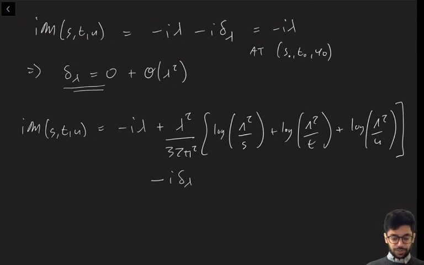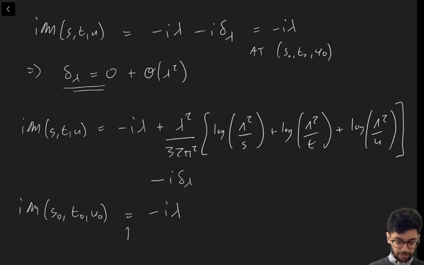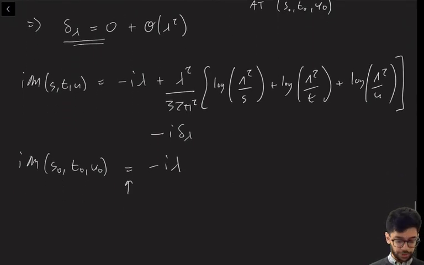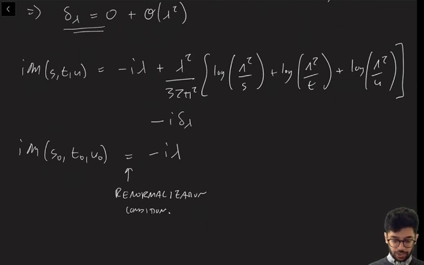So now, if we demand that iM of s naught, t naught, and u naught equal exactly minus i lambda, where again, this demand now is the renormalization condition, then we see that we have something to do. This is now an equation that we can solve for delta lambda. Okay? So we set s, t, and u in here to s naught, t naught, and u naught, and solve for delta lambda.